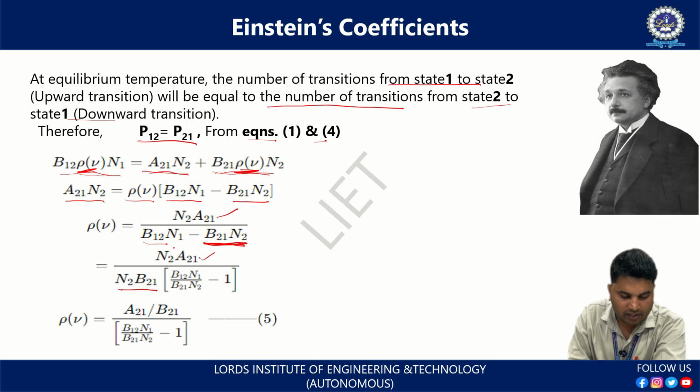So from this equation, N2 can be cancelled. The equation will now reduce to the form rho of nu is equal to A21 by B21 divided by B12 by B21 N1 by N2 minus 1. Say equation 5.